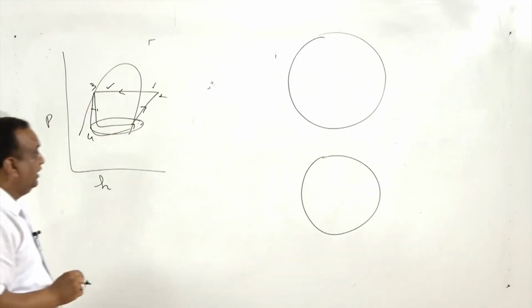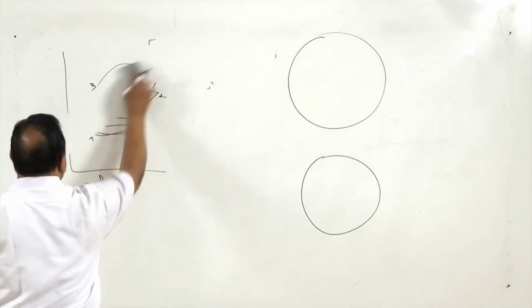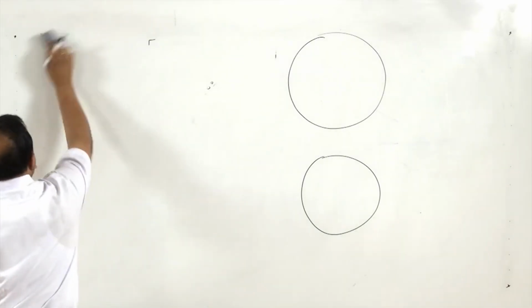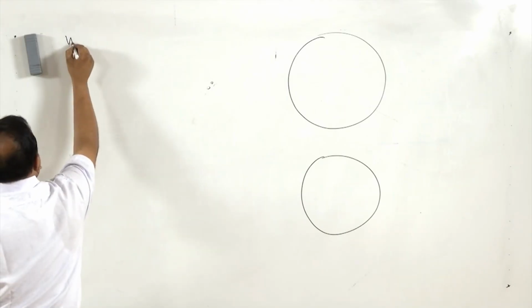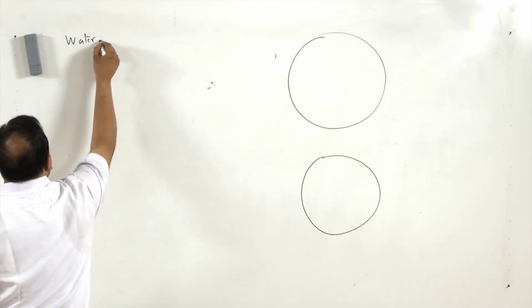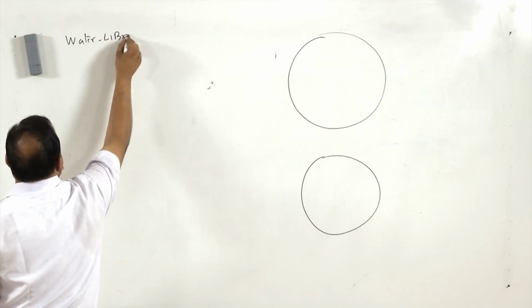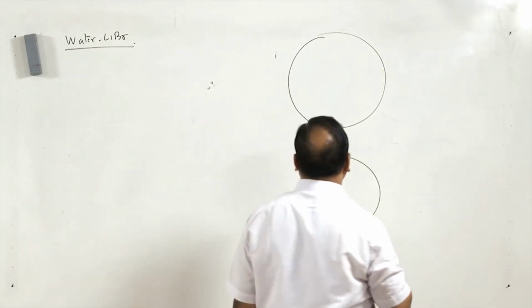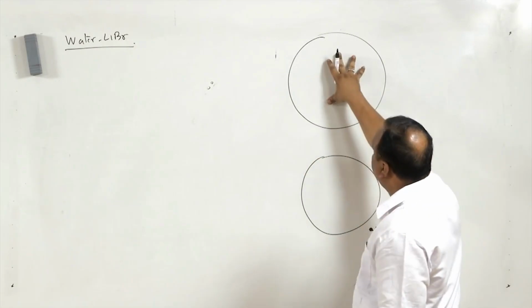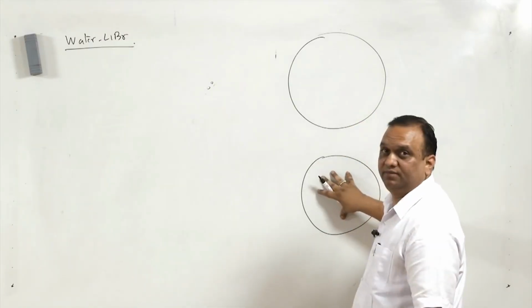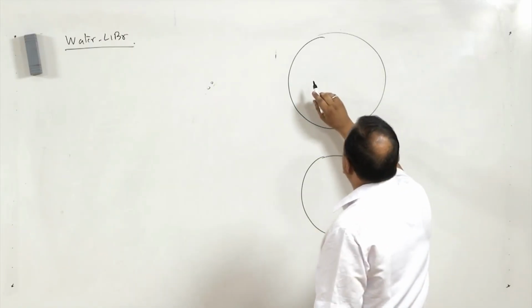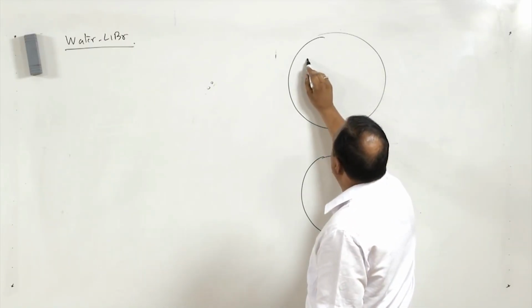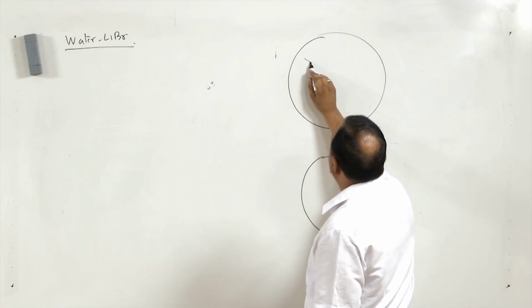Now, here in the lithium bromide water absorption system, water works as a refrigerant. Now, this is a high pressure vessel, this is a low pressure vessel. In the high pressure vessel, suppose water vapor is condensed.